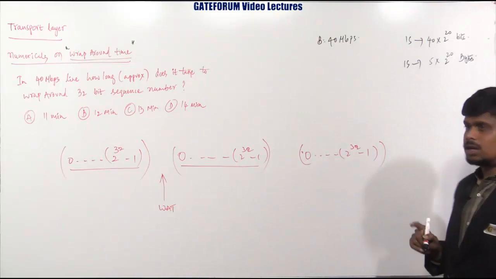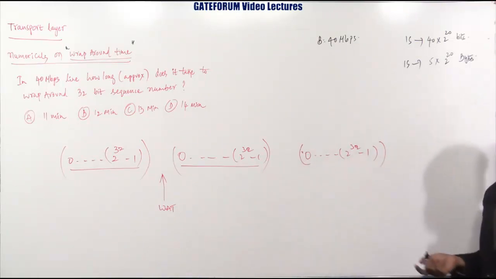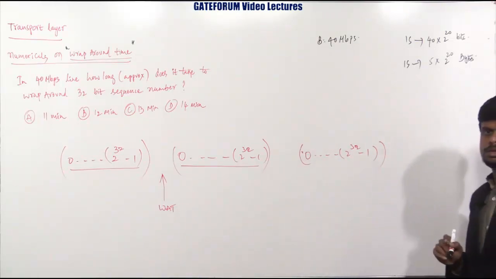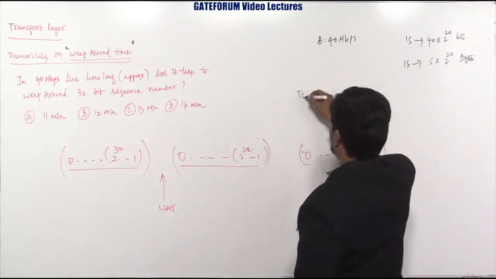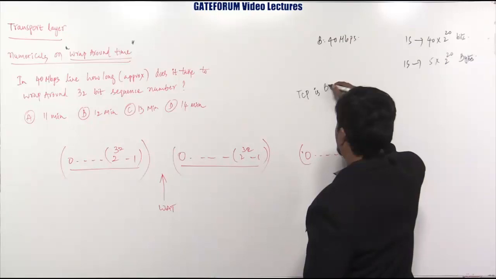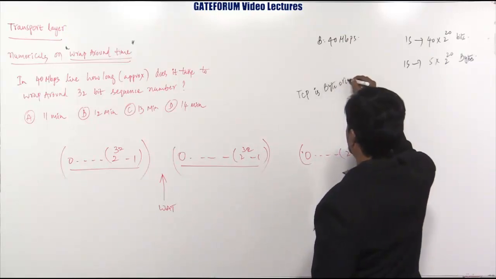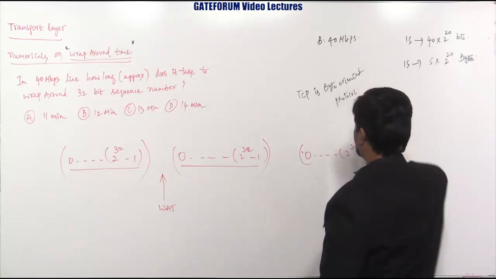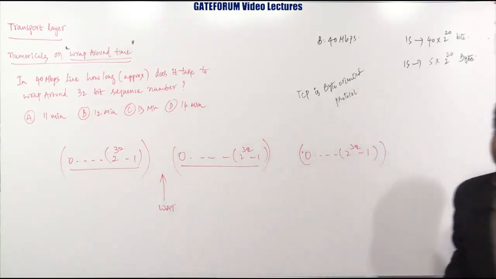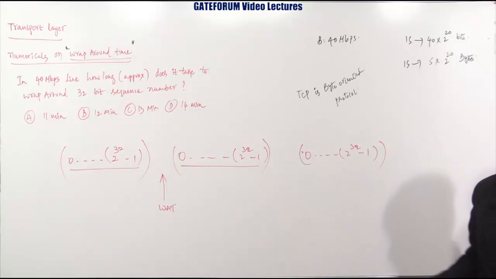So within 1 second, we are able to transfer 5 into 2 power 20 bytes. And you know that TCP is a byte oriented protocol. What byte oriented means here is allocating a sequence number to each and every byte.